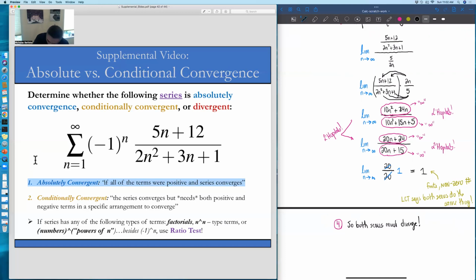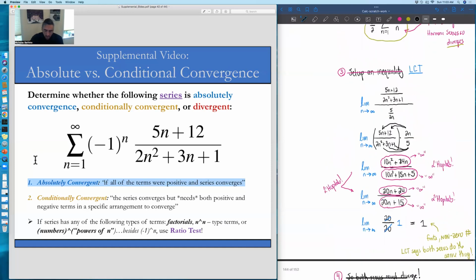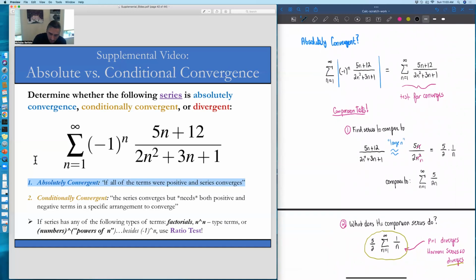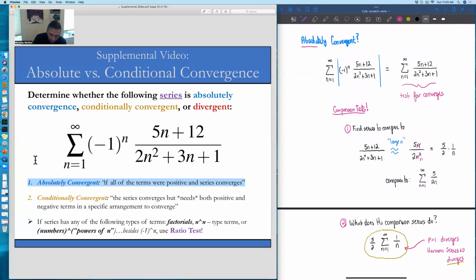So going all the way back up into this problem, we did this whole comparison test basically as a part of trying to determine whether a series was absolutely convergent. So the series we started with, we took the absolute value of each term individually, and then we tested this series for convergence, and we found that series diverges.